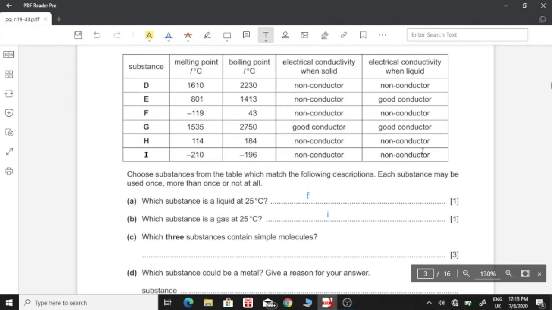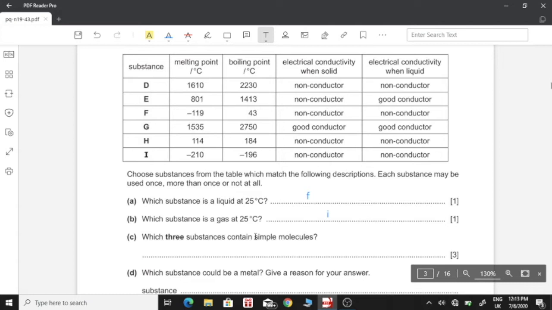Alright, simple molecules are going to have low melting and boiling points. And simple molecules also give us a hint that this substance is not going to be a conductor, because we only have simple molecules in covalent compounds.